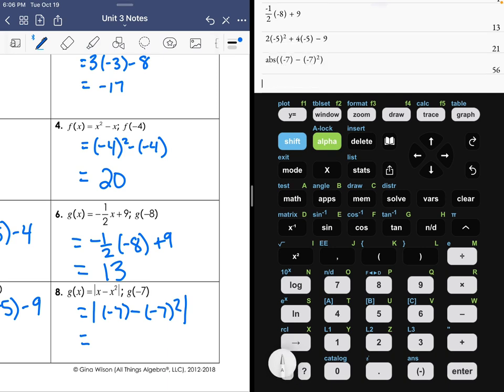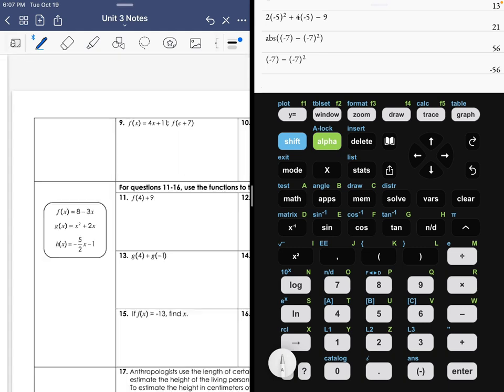So then we're going to enter that, and that is 56. All right, so just remember absolute value just means nothing in the answer can be negative. So if we did this without the absolute value bars, we're going to get -56, and then the absolute value bars make it be positive 56.